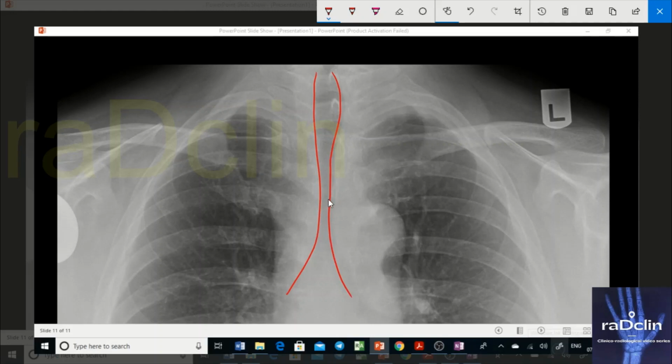Now if you see closely, these are the apex of the lungs. Let us draw a line through the apex. So this must be your extrathoracic trachea, and this must be your intrathoracic trachea broadly. Okay, so this is your intrathoracic trachea, and this is your extrathoracic trachea.